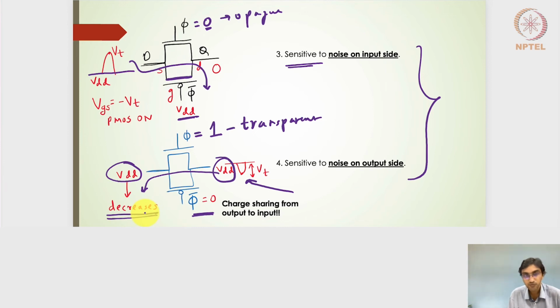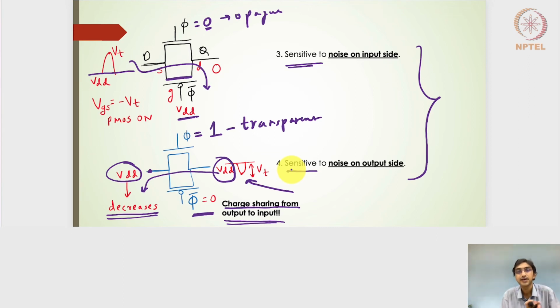So if the other parts of the input voltage don't drive this particular node, then this node has a possibility of getting decreased, right? So due to the charge sharing from the output to the input, the changes or the noise at the output are going to have an effect on the input side, right? So in that sense, it is sensitive to the noise on the output side as well as the noise on the input side.